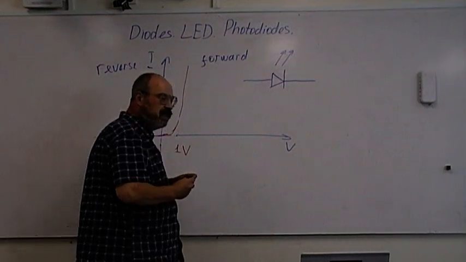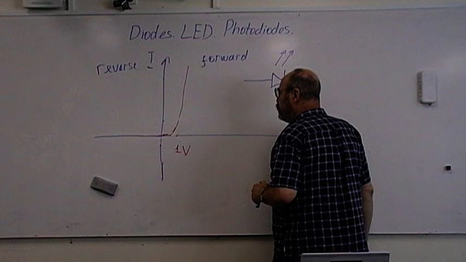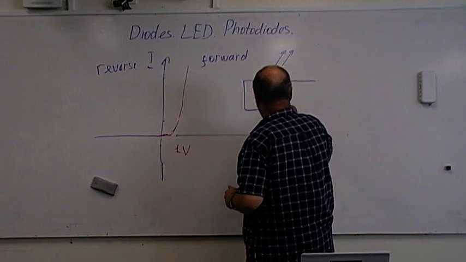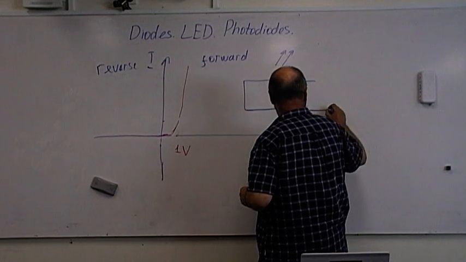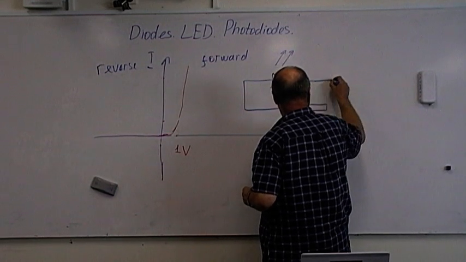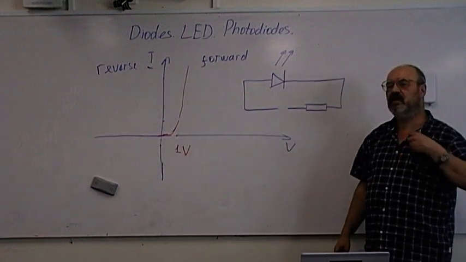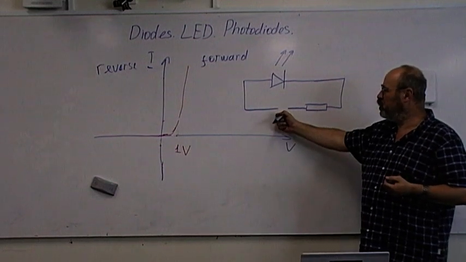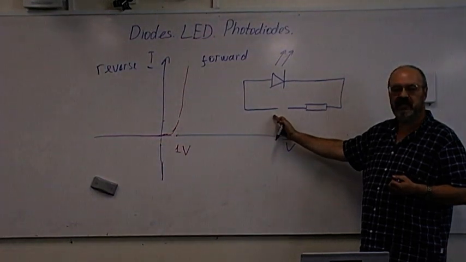Let's consider an example. If we connect an LED to a battery and we include a resistor, if we want the diode to emit light, which pole of the battery has to be on this side, positive or negative?